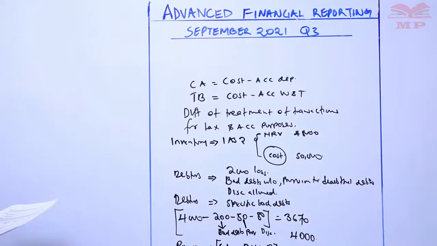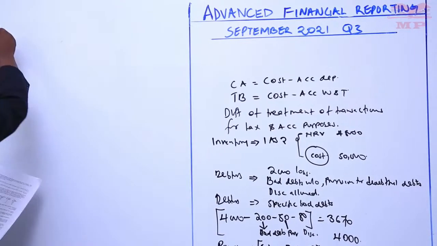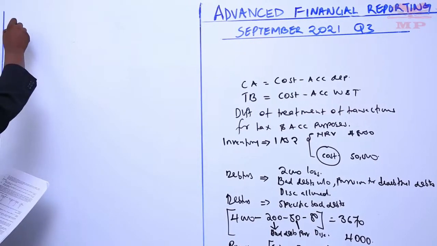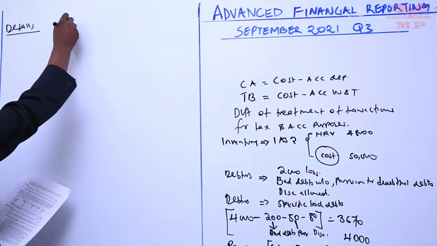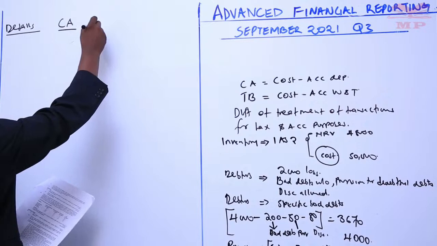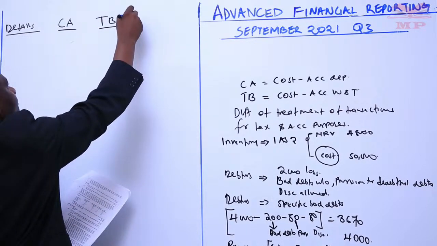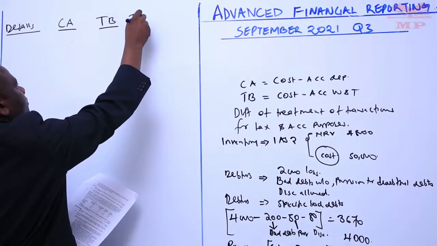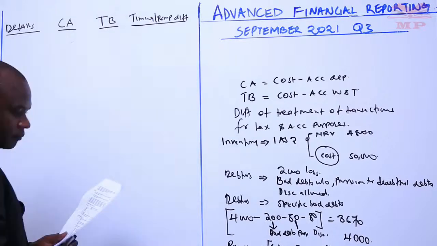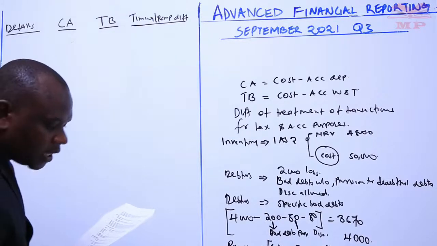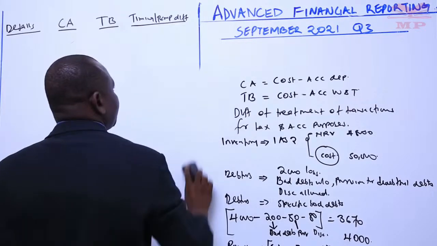So this is what I'll do. Let's say here details, carrying amount, tax base, timing, stroke temporary. But I need to include the column for adjustment because some of this may require adjustment.